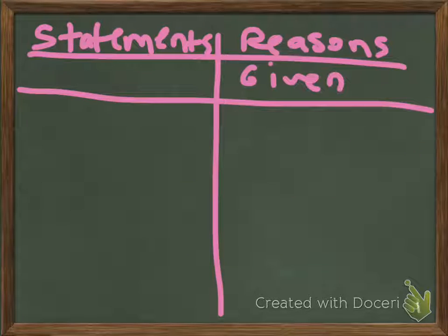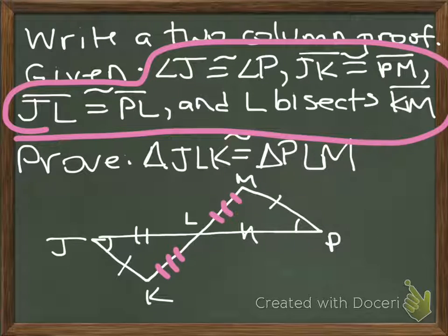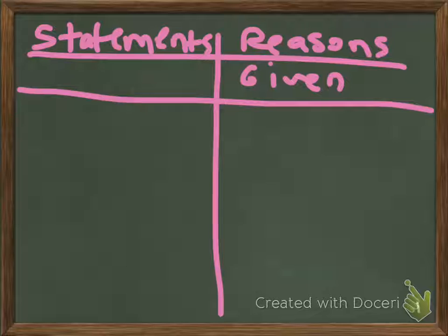So with that information, we can first start by coming up with the fact that angles are congruent. So we have angle JLK is congruent to MLP because they're vertical. Those are right here. So let's list that first.